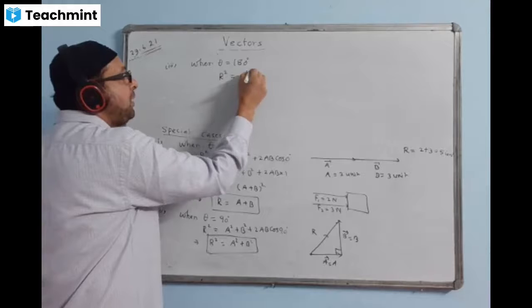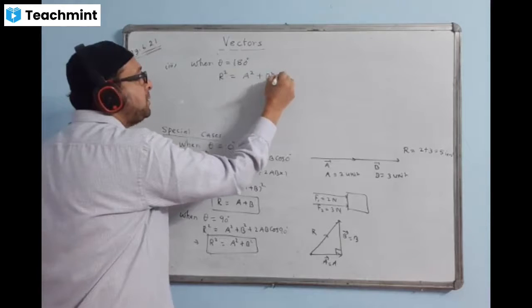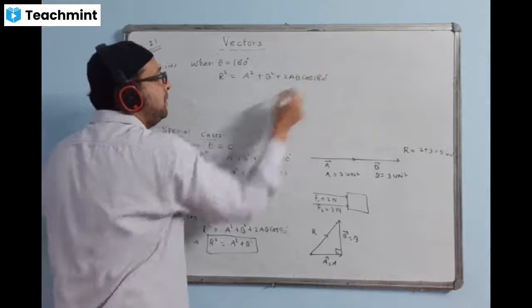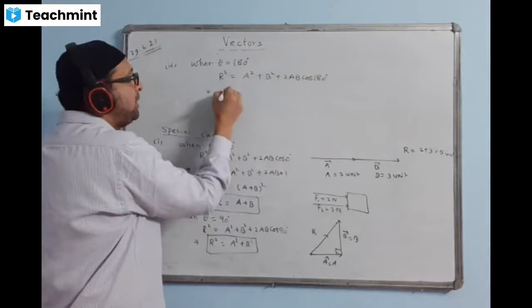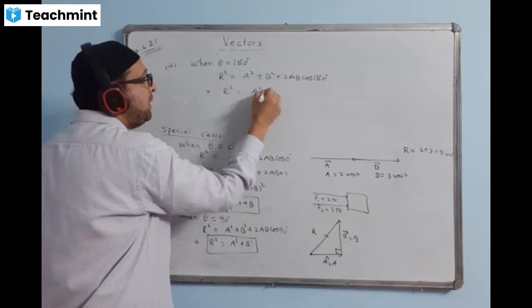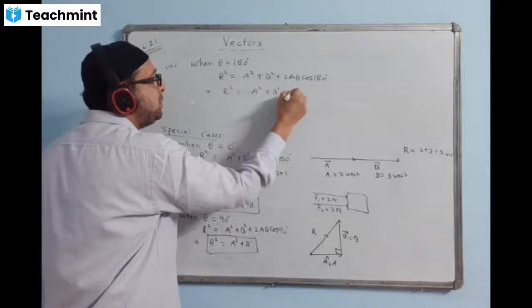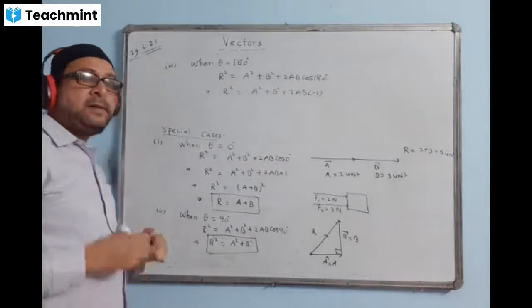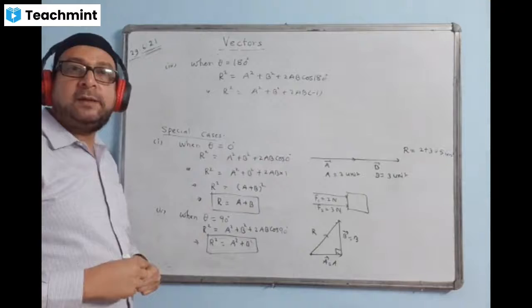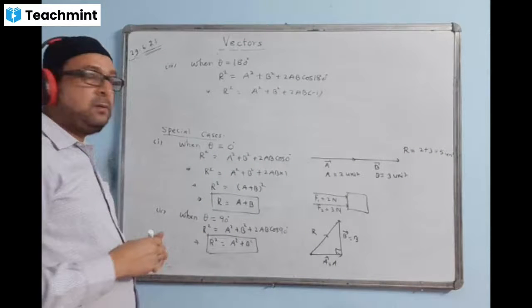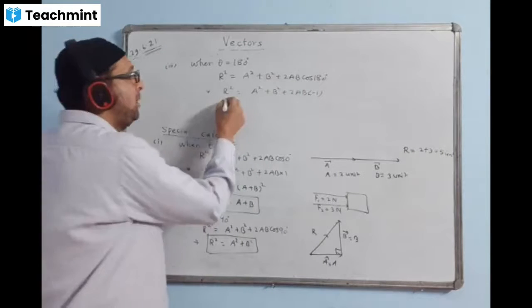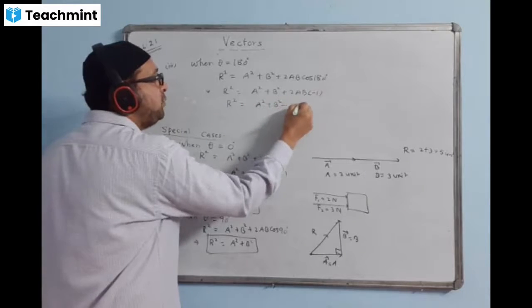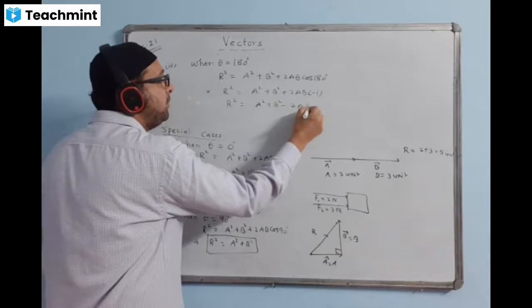R square is equal to a square plus b square plus 2ab cos 180 degrees. Cos 180 degrees is minus 1; in a calculator also you can check that the cos 180 degrees value is minus 1. So R square is equal to a square plus b square minus 2ab.